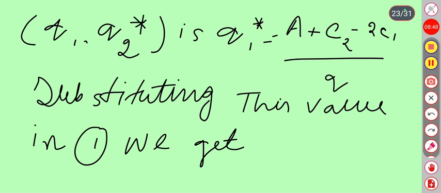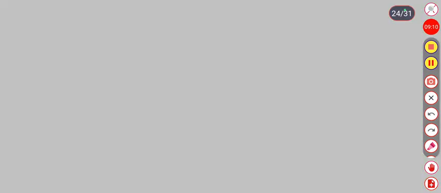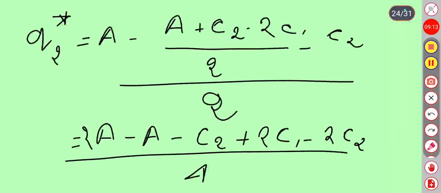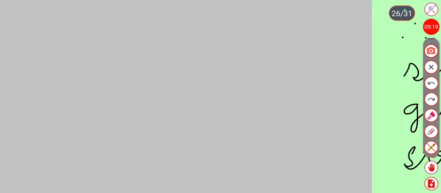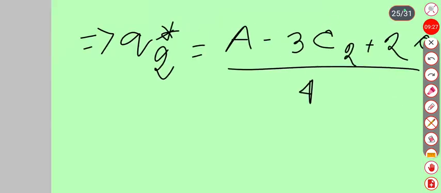Substituting this value in equation 1, we ultimately get the value of Q2 star, firm 2's output, equal to (A minus (A plus C2 minus 2C1) divided by 2 minus C2) divided by 2, and ultimately (2A minus 3C2 plus 2C1) divided by 4. We get 4 because this 2 and this 2 multiply to give 4.